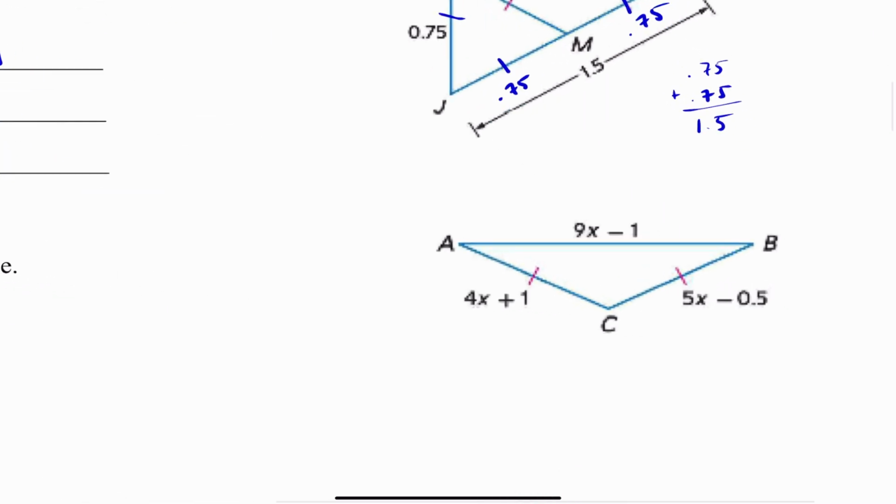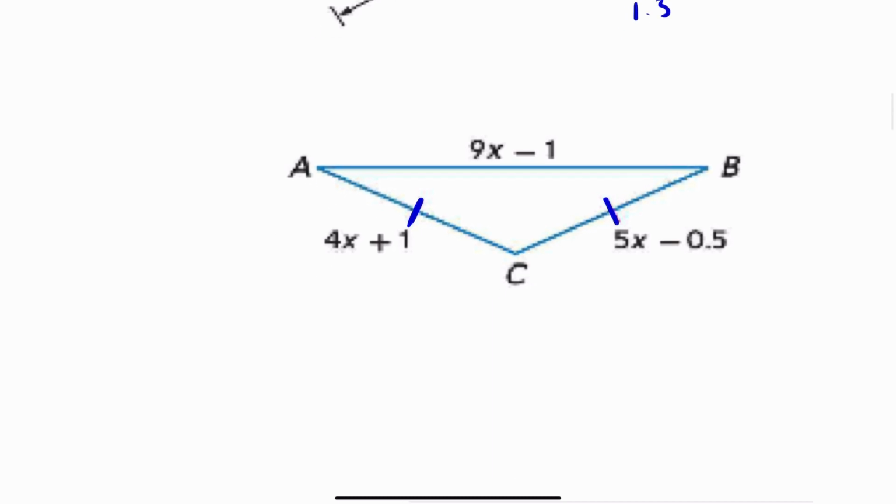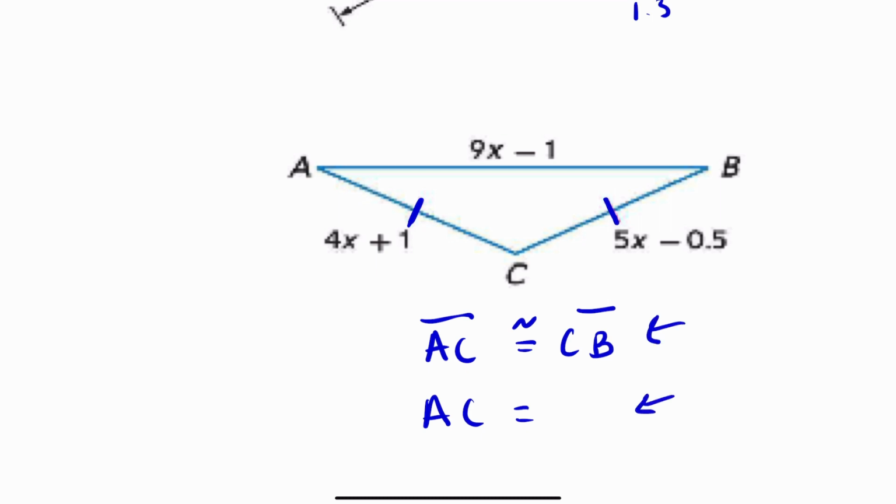Okay? Example 3. Find the side lengths of the triangle. So I look at my picture and I see that this segment, or this side, and this side are congruent. So I can say that segment AC is congruent to segment CB. And then now I'm in the language of geometry, and this is in the language of algebra. So AC is equal to CB.